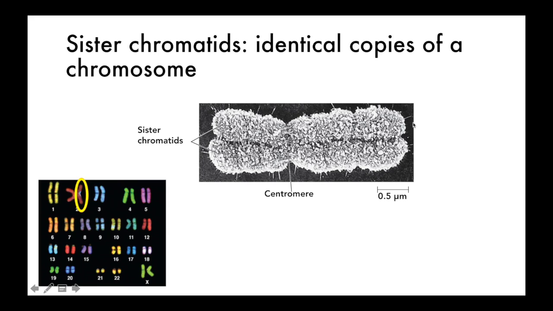This is a sister chromatid, and this is a sister chromatid, and they are identical copies of that particular chromosome. So each of the daughter cells is going to inherit one of those sister chromatids, which is going to be the copy of that chromosome for the daughter cell.